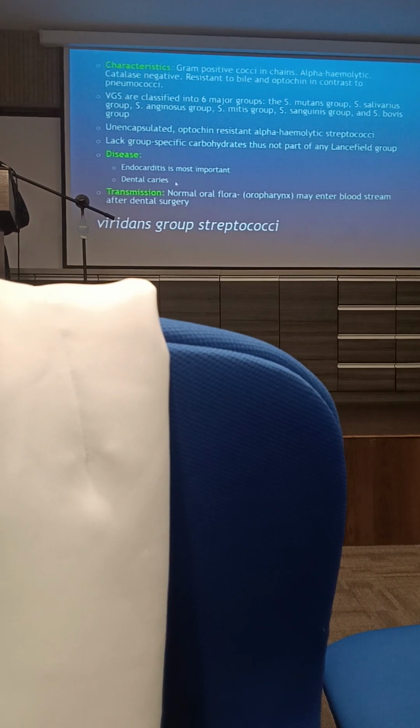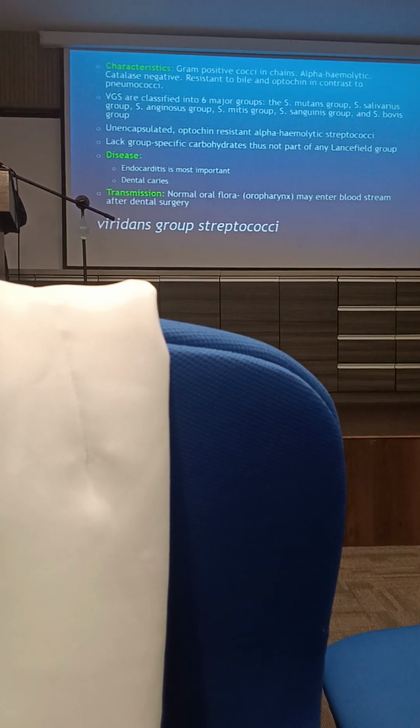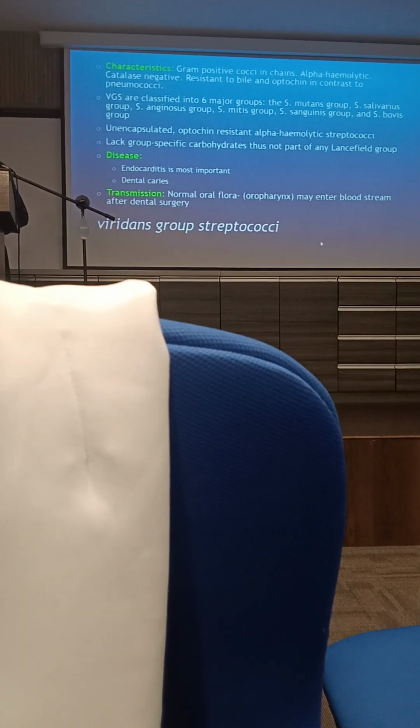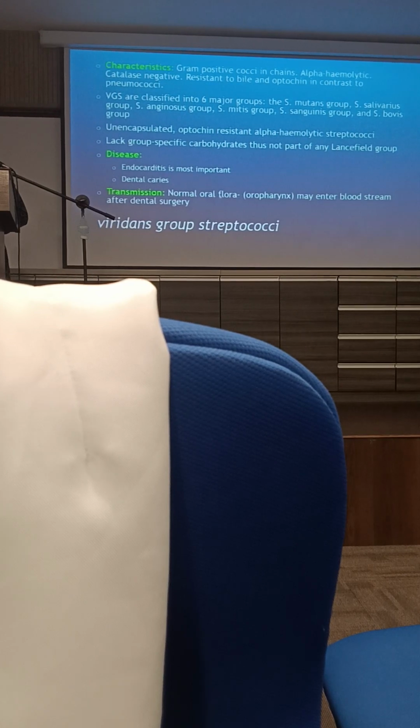So in Staphylococcus, we saw epidermidis causing biofilm in prosthetic devices, right? So Streptococcus must also have a counterpart. So this is viridans. It's a normal oral flora, and can enter the bloodstream during a dental procedure.